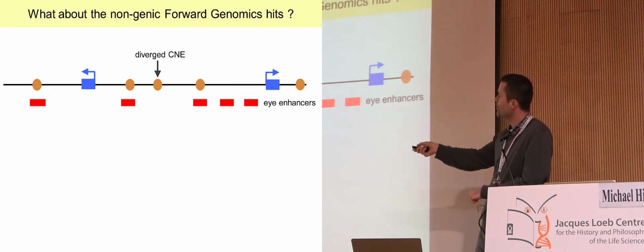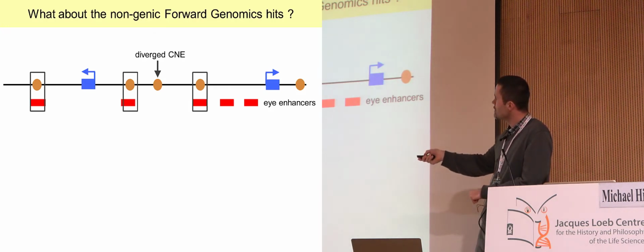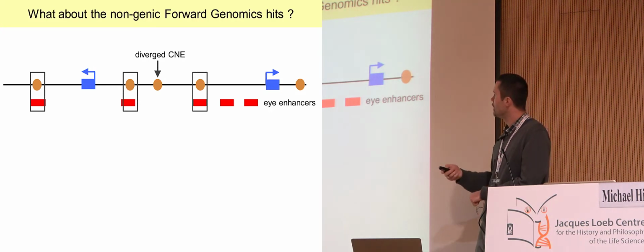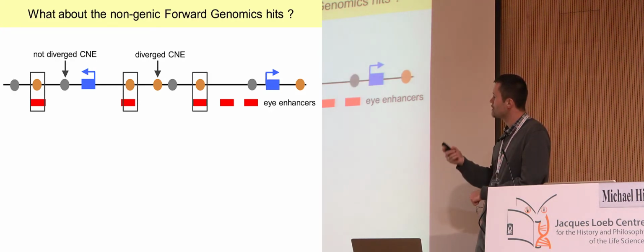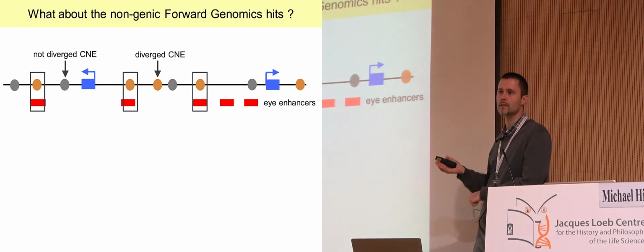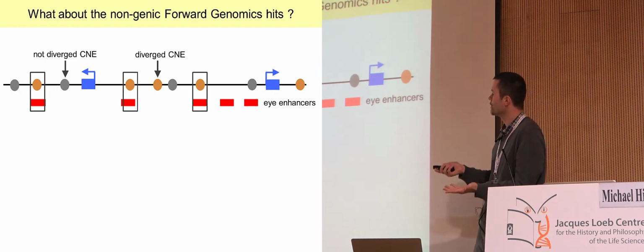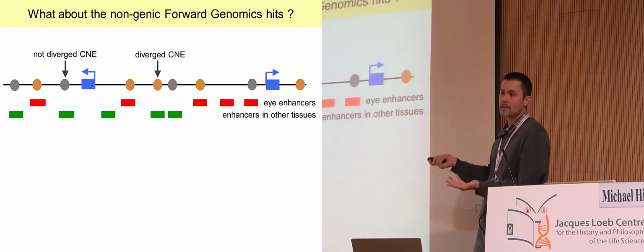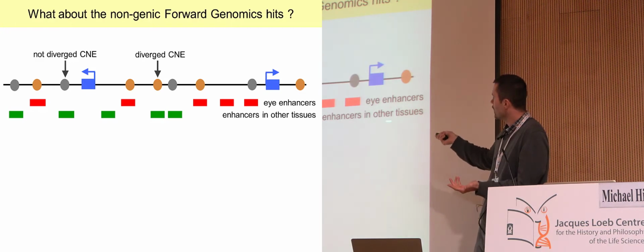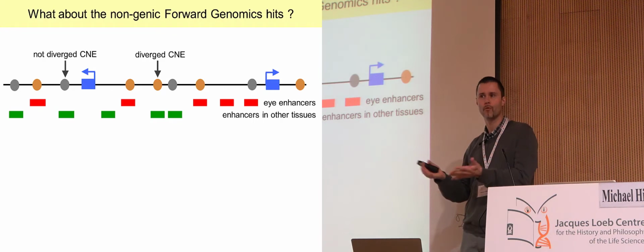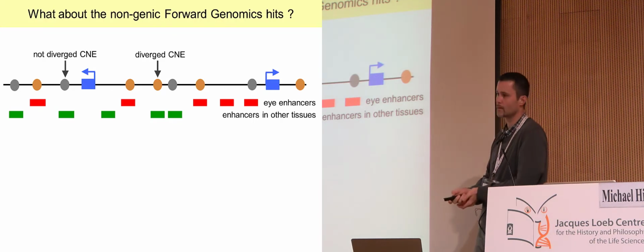Then we can overlap these diverged CNEs with this functional data, use the non-diverged CNEs as a control, and run a Fisher's exact test to ask if we have any preferential overlap. And then we can repeat the same exercise with regulatory elements from other tissues to ask if this overlap is specific for eye-related regulatory activity.